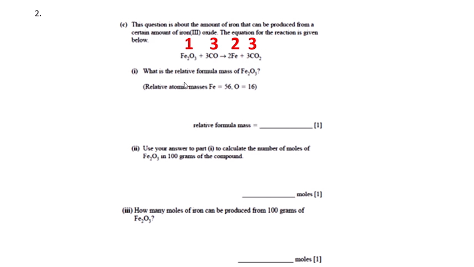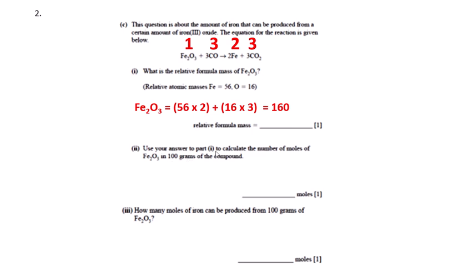So the first part then says, what's the relative formula mass of Fe2O3? So Fe2O3, Fe, we're given it here in the question, we don't even need to use our periodic table, 56, 2 of those multiplied by 2, oxygen 16, 16 times 3, so the total is 160. So your first mark is for working that out as 160.